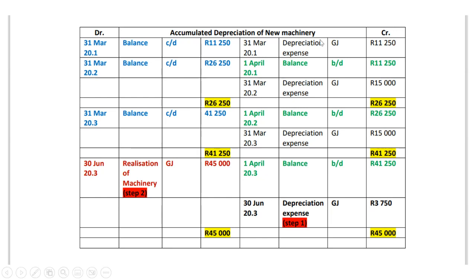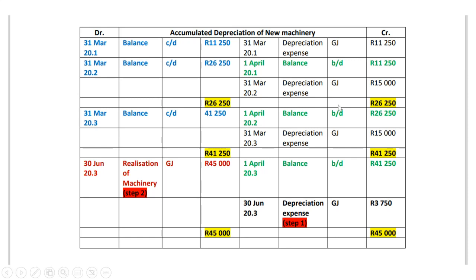Year two, if you remember correctly, in our schedule you will see that we calculated a depreciation of 15,000 rand. And then you will write a description here: depreciation expense. So you had an opening balance now in year two of 11,250 plus 15,000 rand. It amounts to what? 26,250. That is our accumulated depreciation. This figure also speaks to the schedule of depreciation that we prepared earlier.